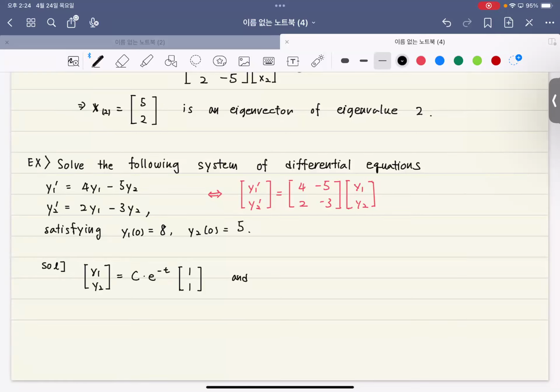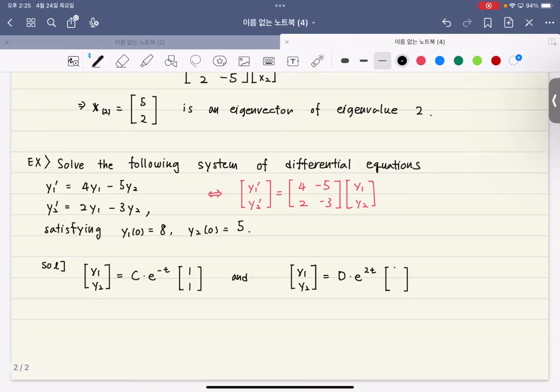And I should choose another constant for the other eigenvalue, which was 2, with the associated eigenvector 5 and 2.